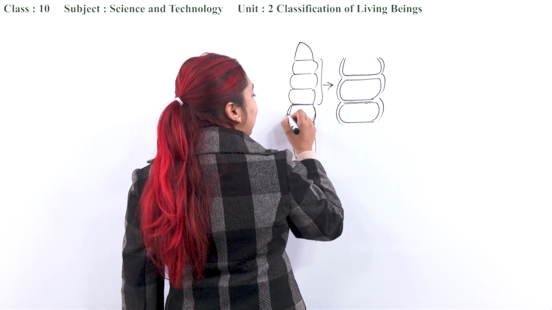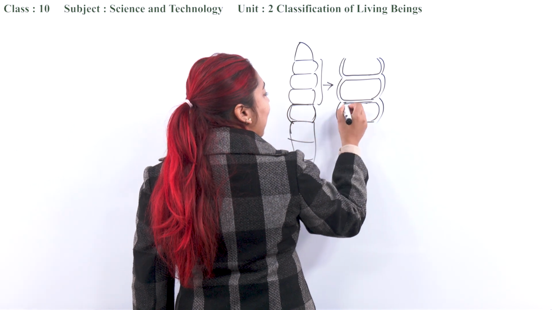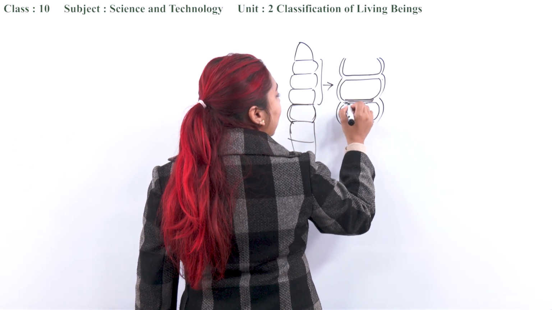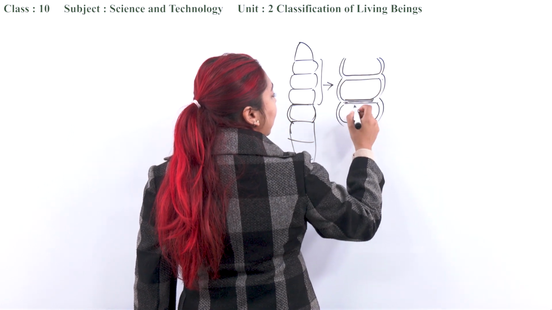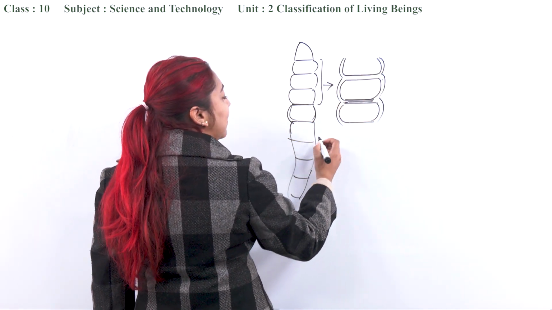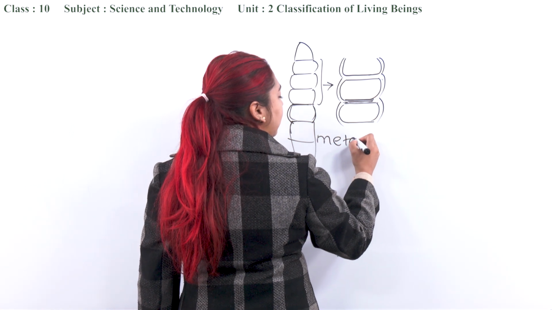So there is the presence of external segments as well as internal segments, and the septa divide the cavity inside the body into compartments. So this is known as metamerically segmented.